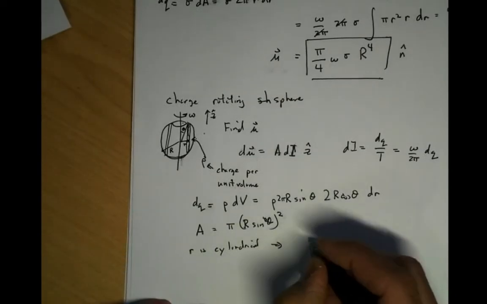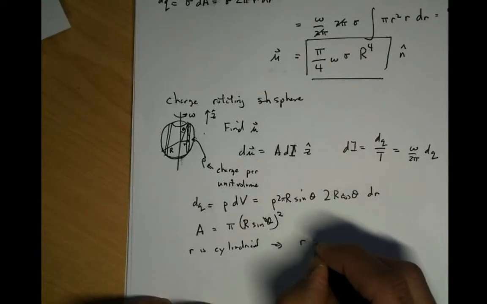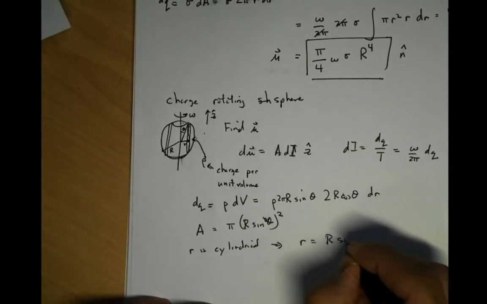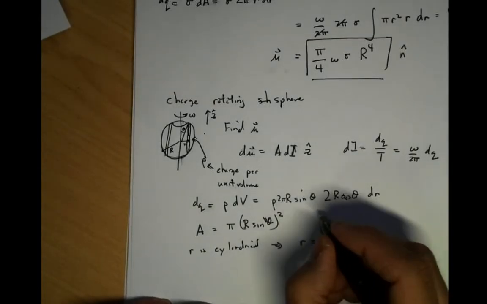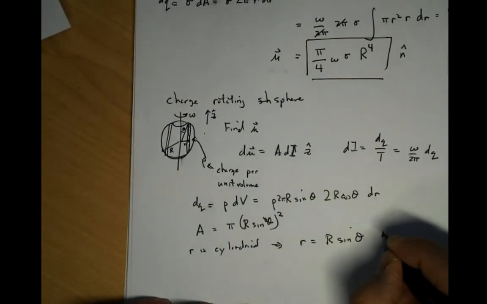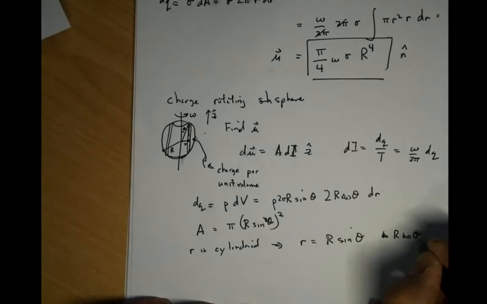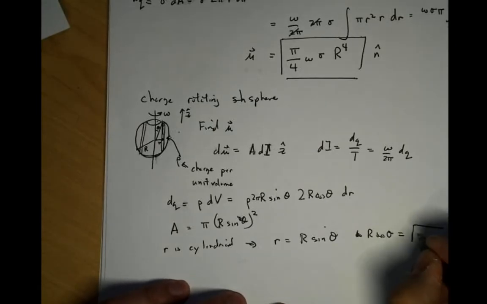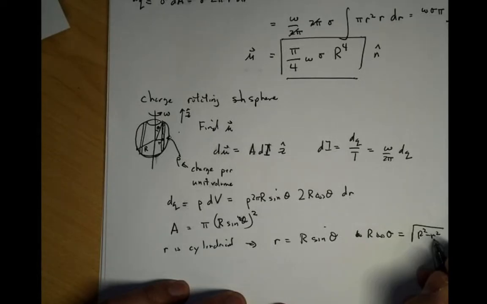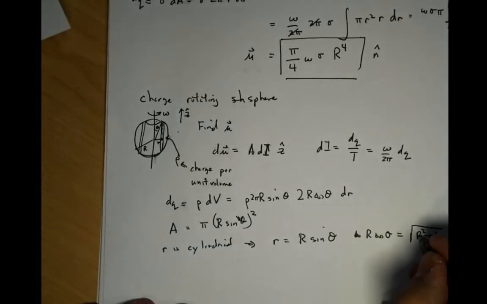And in that case, basically r is equal to capital R sine theta, right? Because that's what that is, okay? And then r cosine theta is simply equal to square root of capital R squared minus little r squared. Basically this R squared sine squared theta. So 1 minus sine squared theta is cosine squared theta, square root of that, you get cosine theta in that case, right? That's where that comes from.